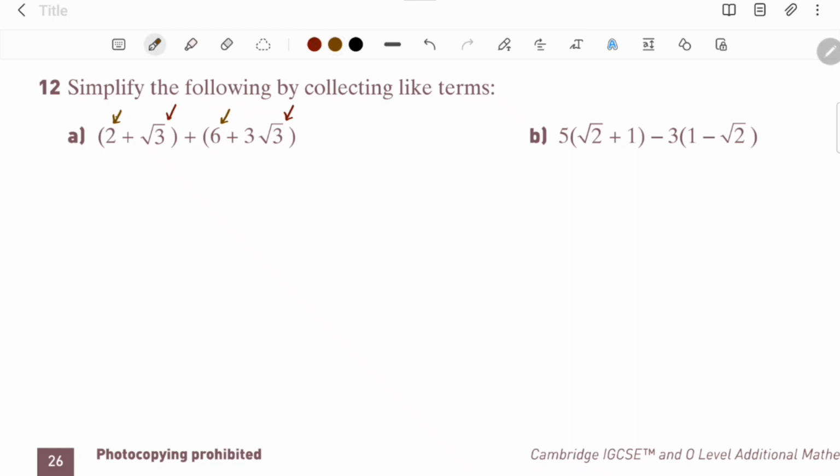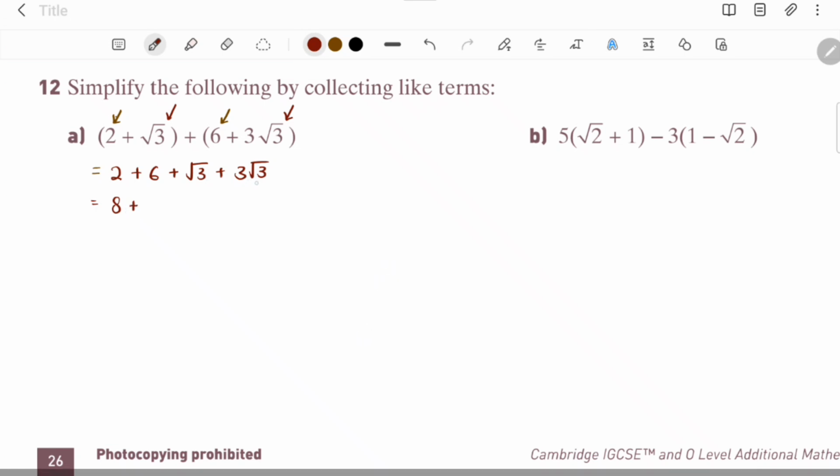So this one, we just try to rearrange it first. 2 plus 6, plus Surd 3 plus 3 Surd 3. 2 plus 6 you get 8, and then positive plus this one, Surd 3 plus 3 Surd 3.